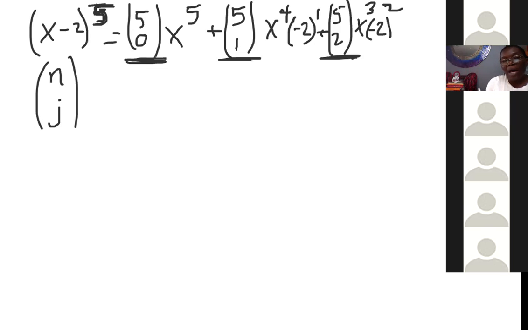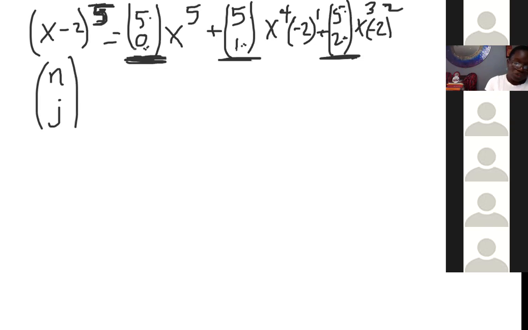So in this case, the power on that is 2. When you start out with the first term, this is always going to be 5. You're always going to have a 5 on top. However, the bottom is going to change to accommodate the power of the second term in the binomial.